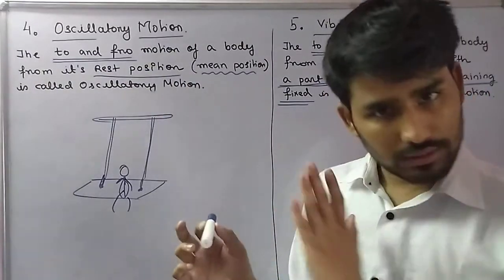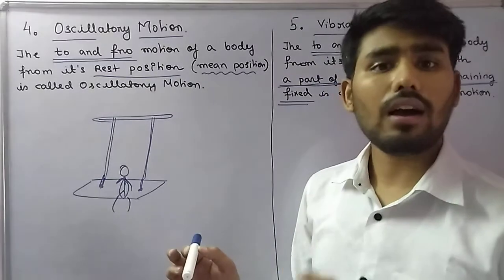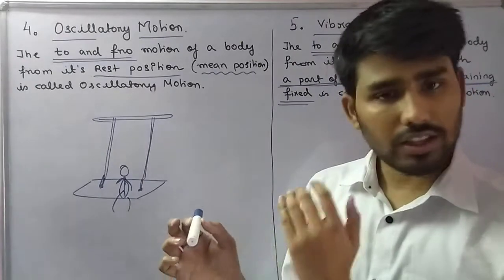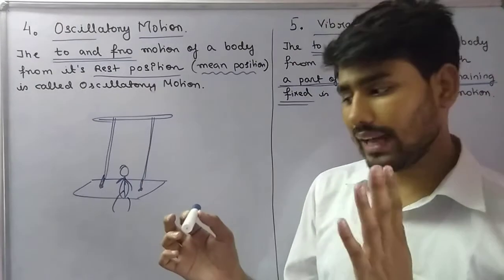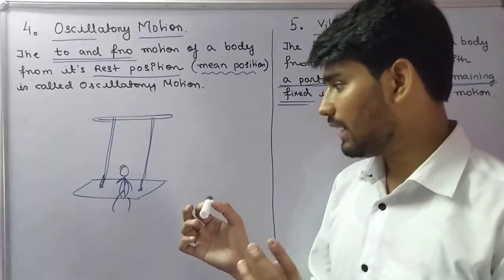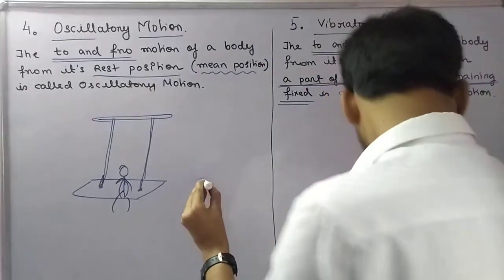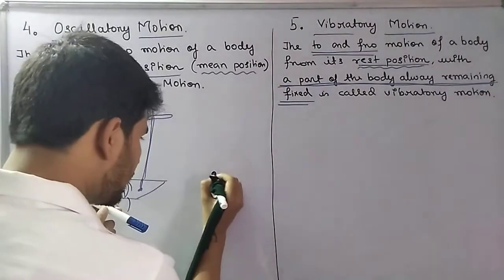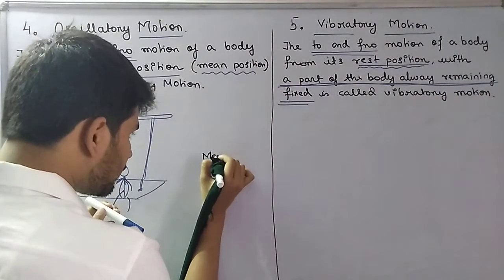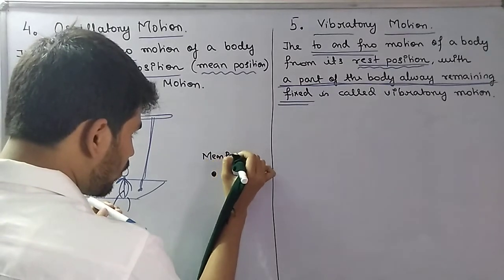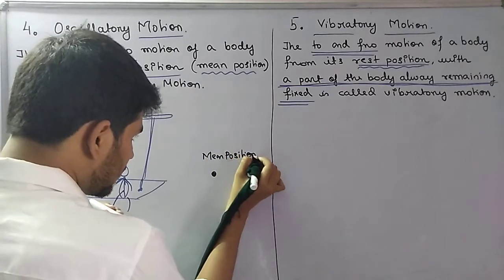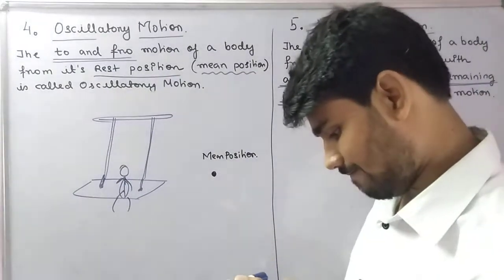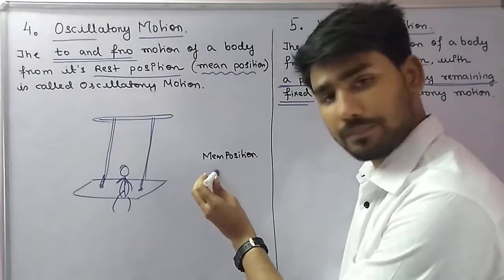Is it clear? What do we mean by rest position or mean position? If the swing is undisturbed, we have not even touched the swing, in that case the swing will be at rest. And suppose this point is the mean position.